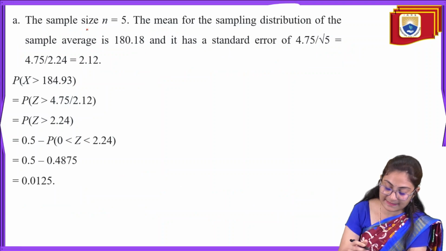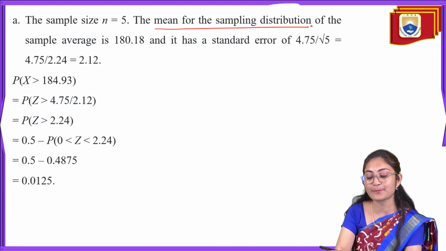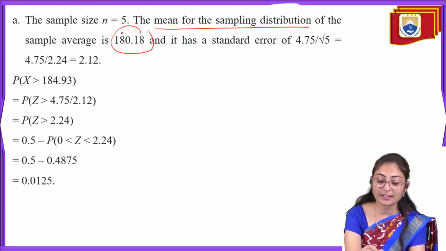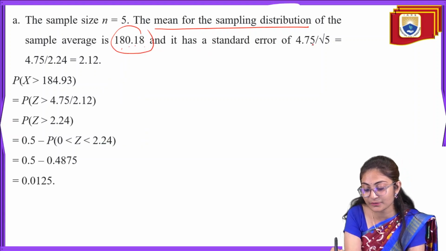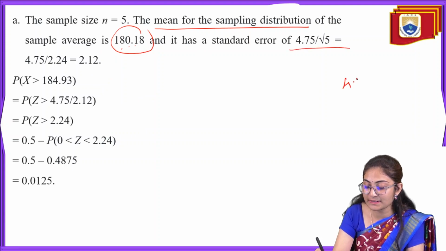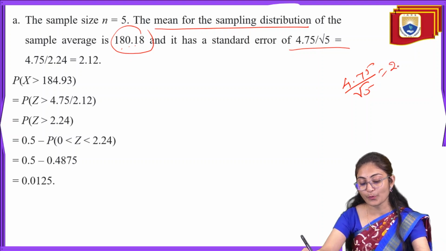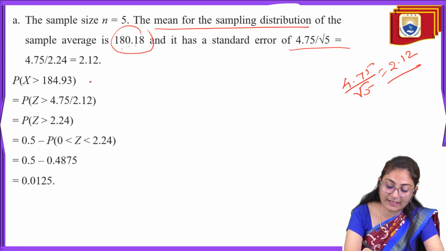Now first, the sample size given is n equal to 5. That means the mean for the sampling distribution of the sample average is 180.18 and the standard error is 4.75 over root of 5, which is 2.12. Now you have to normalize it.